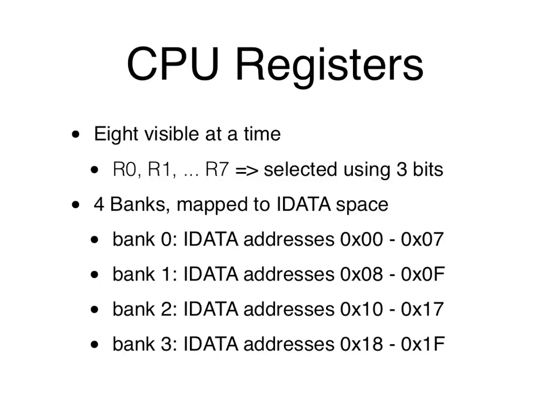And these are actually mapped to the first 32 locations in your iData memory. So your internal data memory 0 corresponds to register R0 of bank 0. So bank 0 goes from address 0 through 7. Bank 1 from address 8 through 15. Bank 2 from 16 to 23. Bank 3 from 24 to 31.